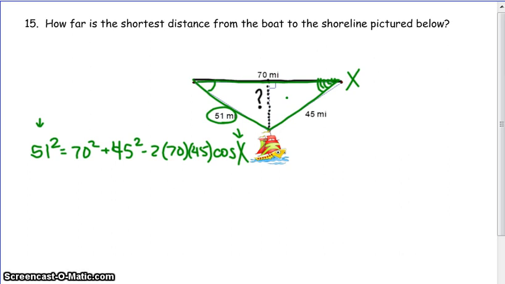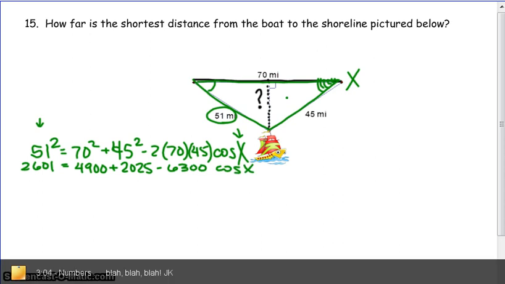So as I start to solve this, I grabbed my calculator and I did this ahead of time. 51 squared is 2601. 70 squared is 4900. 45 squared is 2025. 2 times 70 times 45 is 6300. Might want to check my arithmetic a little bit, make sure that I'm calculating correctly. Well, what am I going to do next?